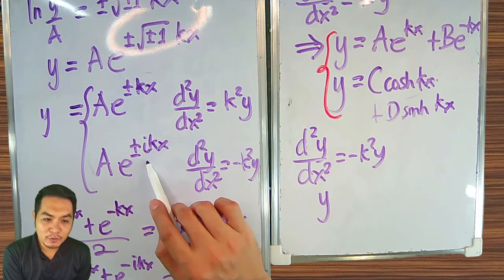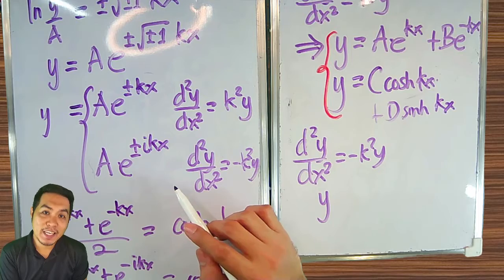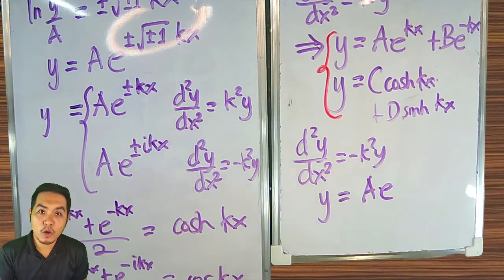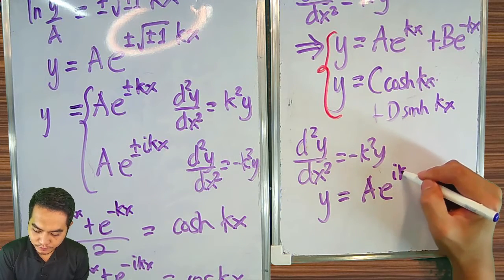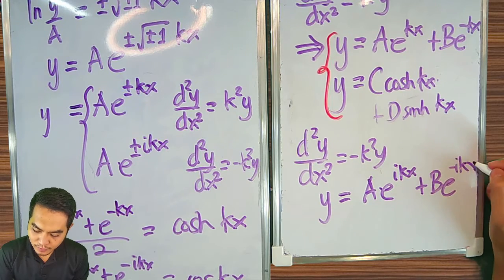So if e to the positive ikx is a solution, and e to the negative ikx is also a solution, then any combination of them will also be a solution. So a e to the positive ikx plus b e to the negative ikx.